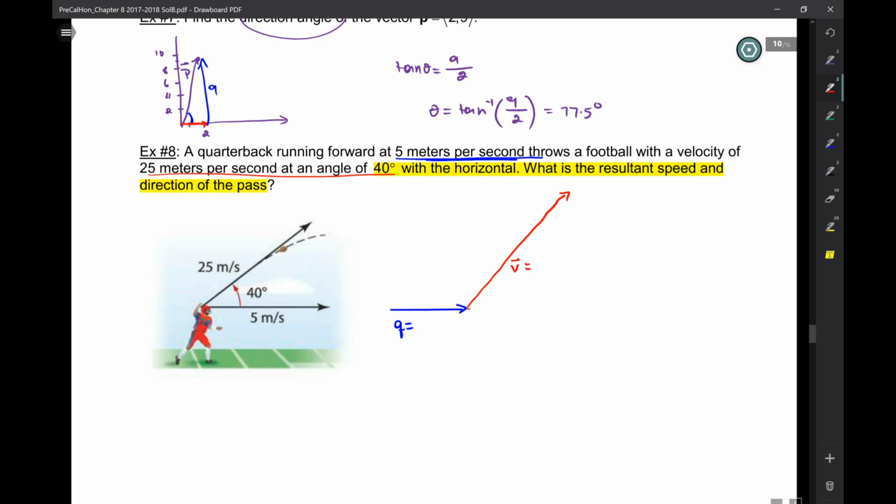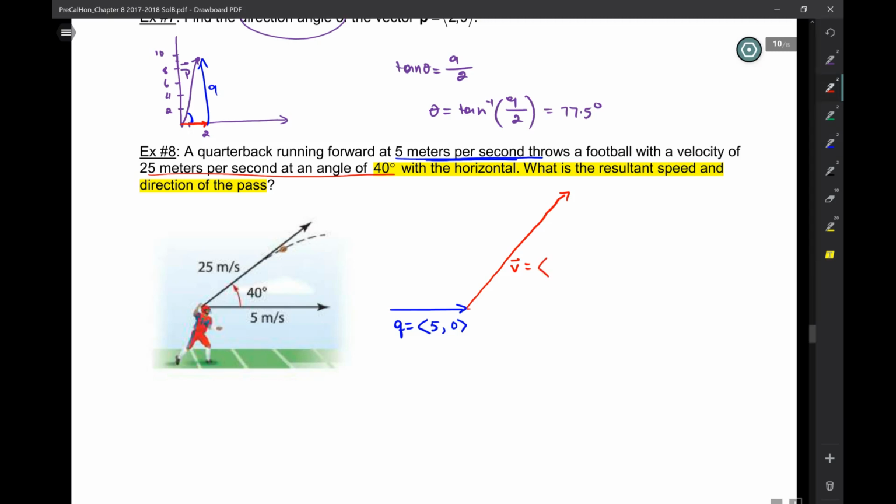Okay? Now, what are the components of vector Q? Is there a horizontal, a vertical, or both in vector Q? The guy's running horizontally, right? So vector Q, the components are 5, 0. Is that right? What about vector V? It's got a magnitude of 25.